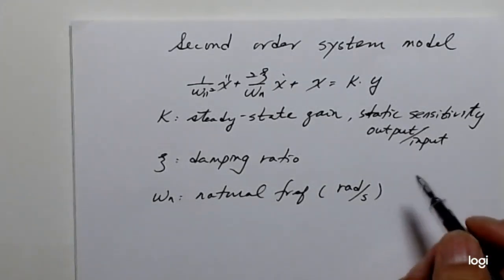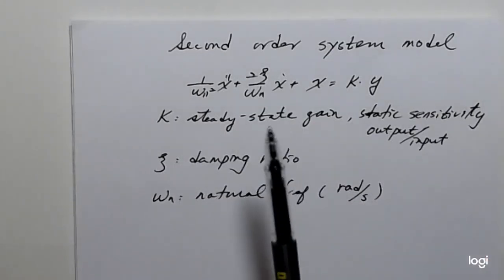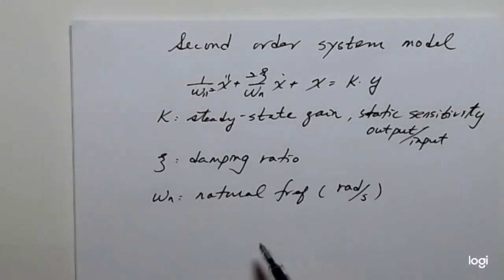So before, for the first order system, if you remember, we have K and tau. K is the steady state gain and determines how much the system amplifies the input.